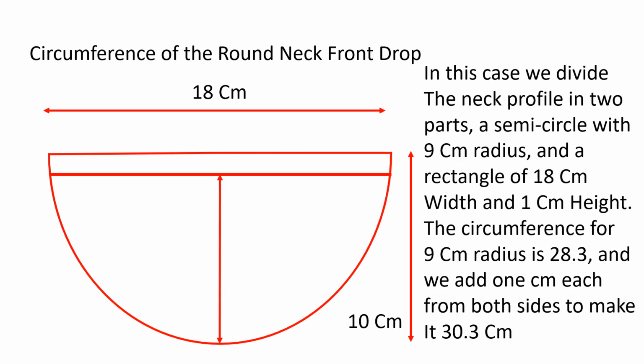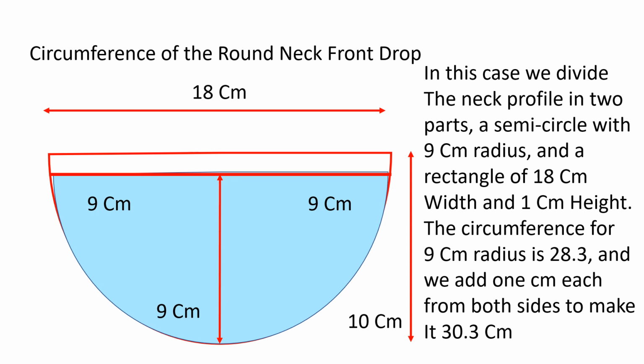In the second case, we have the neck drop bigger than half the neck width. If you look at the illustration, the neck width is 18 centimeters and the neck drop is 10 centimeters. So, in this case we divide the neck profile in 2 parts.